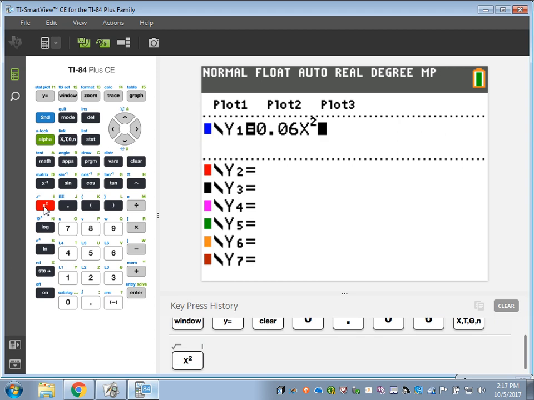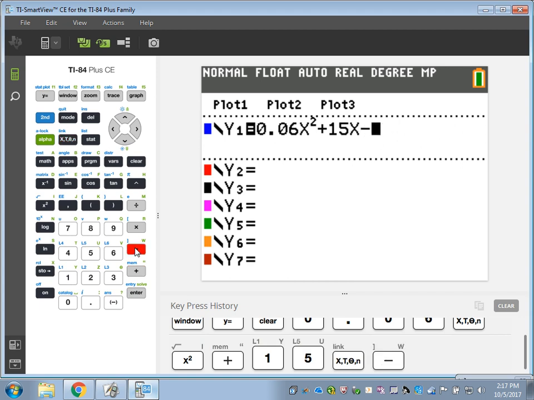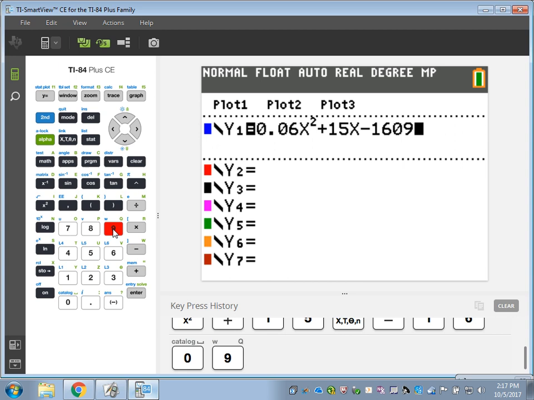Don't do the caret and then 2. Then plus 15x minus, please make sure it's the subtraction, not the negative sign. 15x minus 1609. And then once you have it, hit graph.